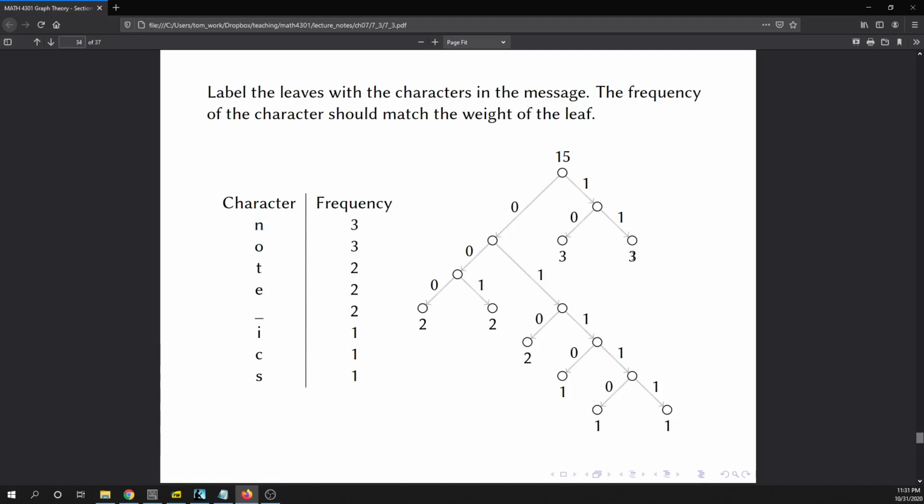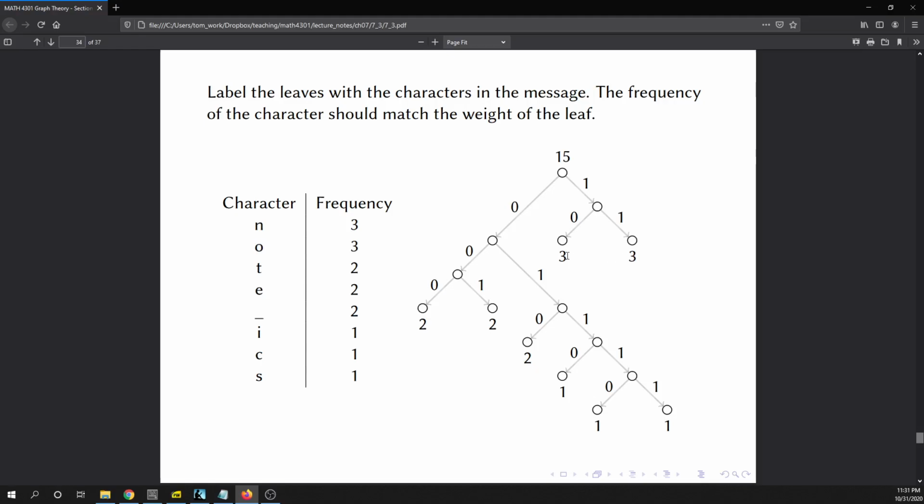So we're going to label one of these leaves of weight 3 with an N, and then the other one with an O. And again, it really does not matter which one you do. You could label this one O and this one N, or vice versa. But if you wanted to do this efficiently, you probably would break the tie by alphabetical order or some other similar approach. Okay.